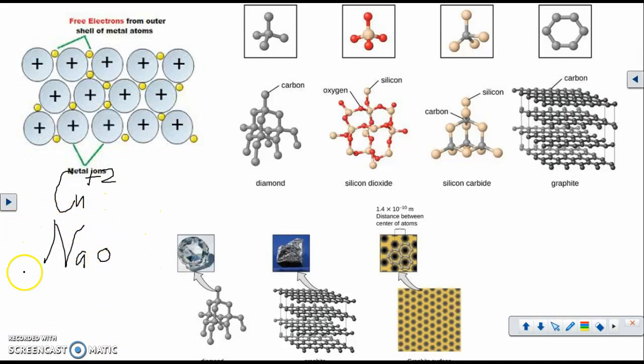And so it will have a full octet. This is an oversimplification, but it's going to meet the needs of this class. So what happens is you're going to have multiple sodium atoms sharing multiple electrons. Because of that, those electrons basically move all over the place. So they're what we call delocalized, meaning they do not stay in place.